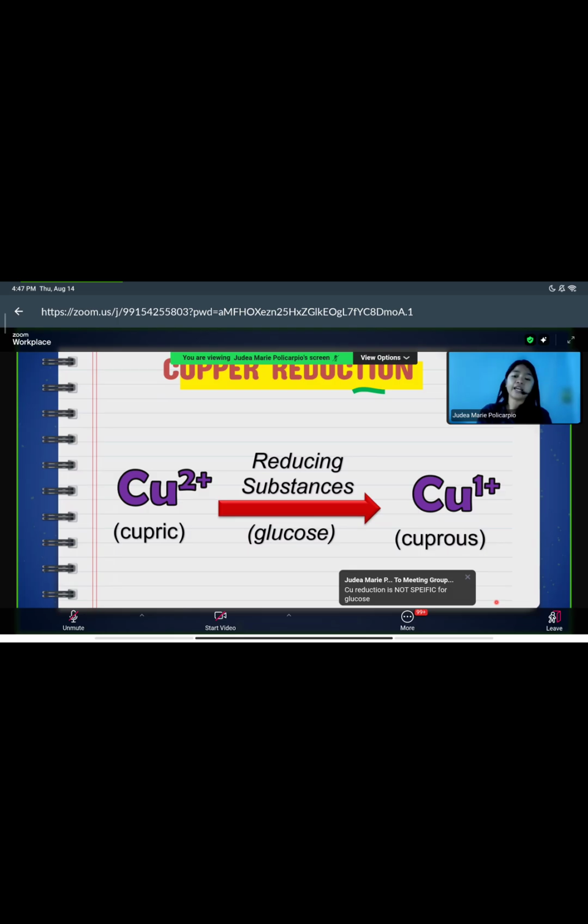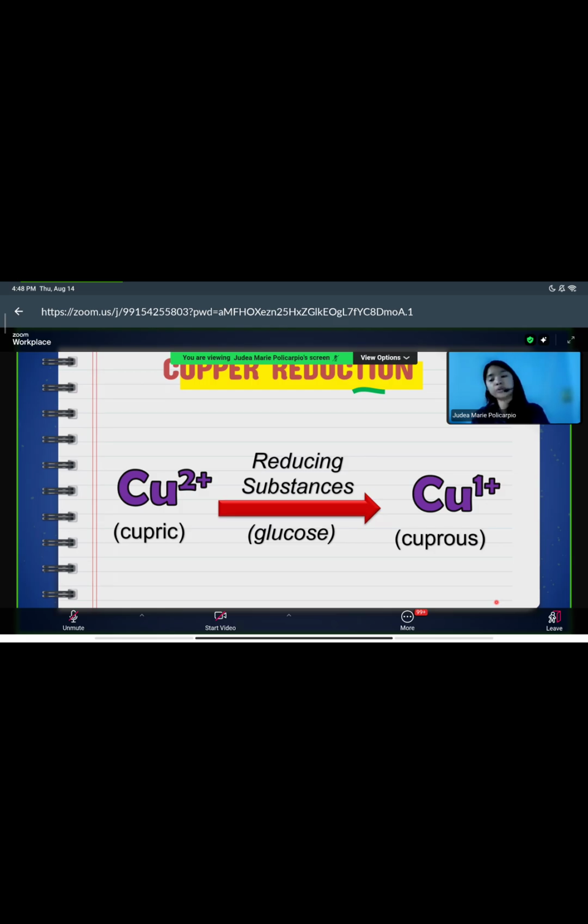Okay, sino-sino ba kasi ang mga reducing sugar? Lahat lang naman, except for one. Most of your carbohydrates are reducing sugars except for your sucrose, which brings us to the second point. Sino pala yung sugar that is not detected by the copper reduction? Not detected by copper reduction is yung non-reducing sugar natin.